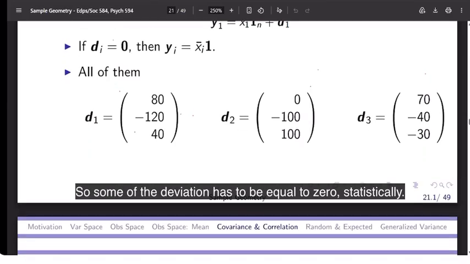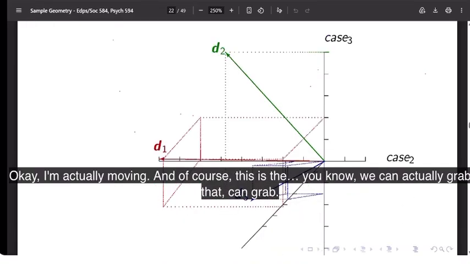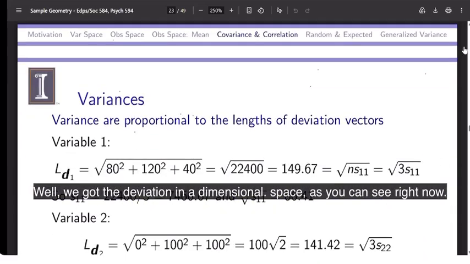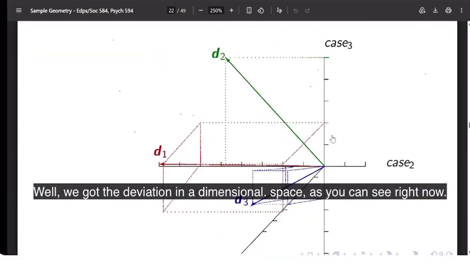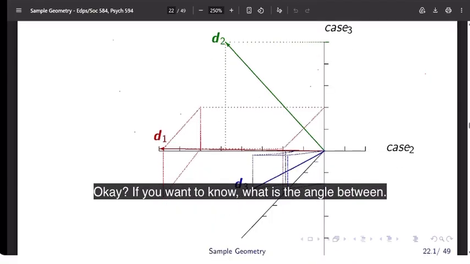We can also grab the deviation in a dimensional space, as you can see right now, and when you have them, you can see the angle. If you want to know the angle between that and that, the angle exists.